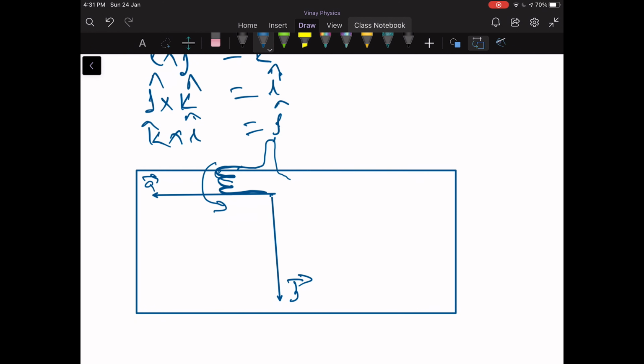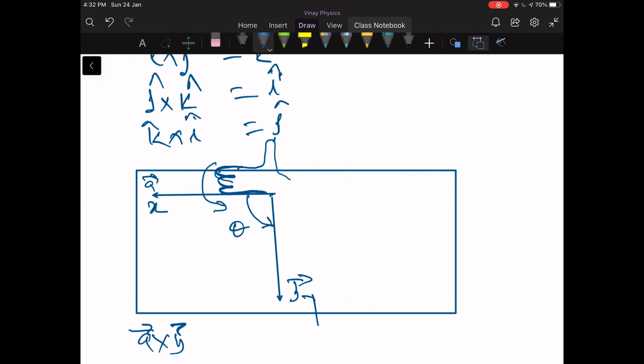This is the direction in which we are going to measure the angle. So if we do A cross B, this is the angle theta measured in the direction of the wrapped fingers. Then the resultant vector will be in the direction of our thumb. So if A was representing x and B was y, the z would be where the resultant vector will be pointing.